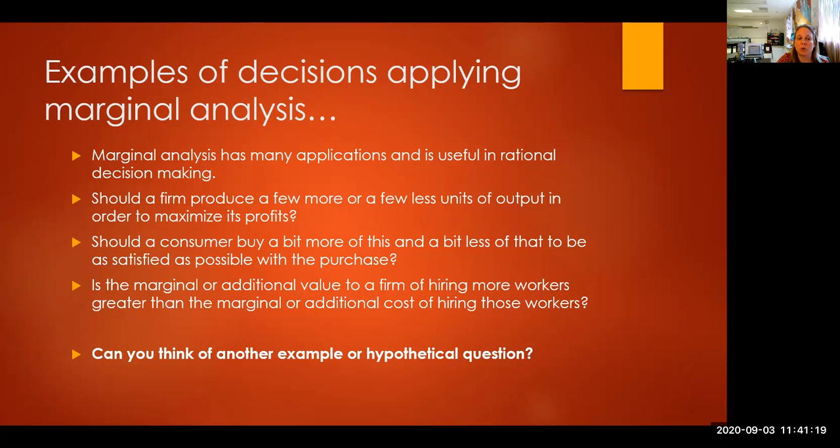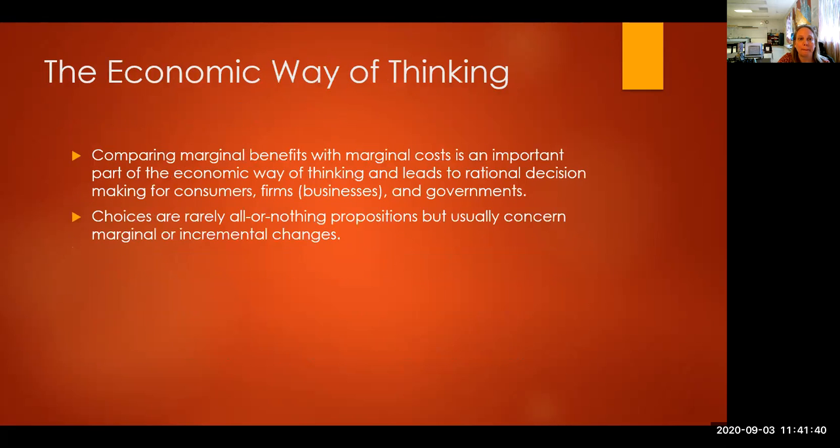Is the marginal or additional value to a firm of hiring more workers greater than the marginal or additional cost of hiring those workers? And then hopefully by the end of today, you will be able to think of other examples of hypothetical questions that involve thinking at the margin.